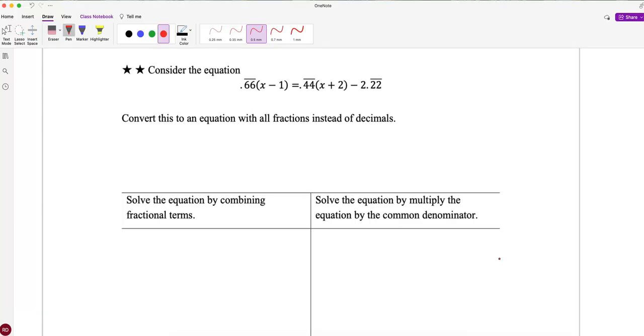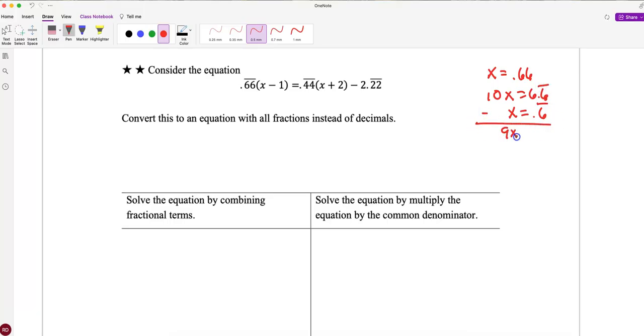Convert this to an equation with all fractions instead of decimals. So I need to convert everything that I see as a repeat to a fraction. So if you've forgotten how to do that, let's take x equals 0.66 repeat, which is really just x equal 0.6 repeat. So 10x equals 6.6 repeat.